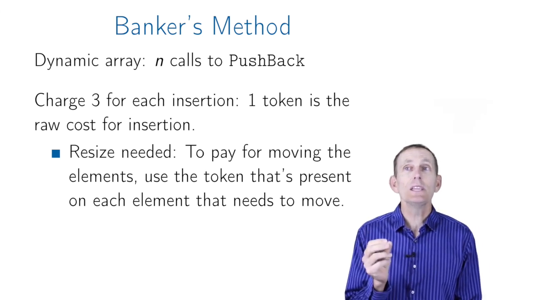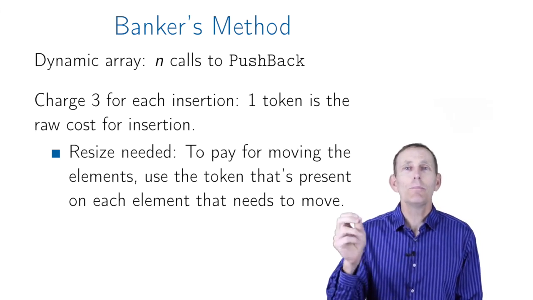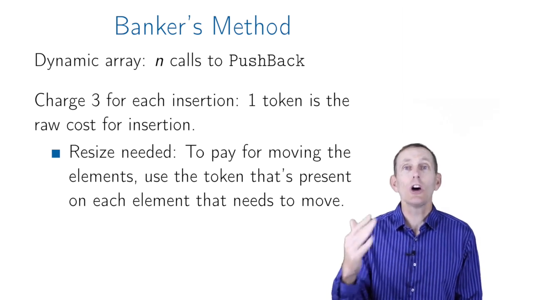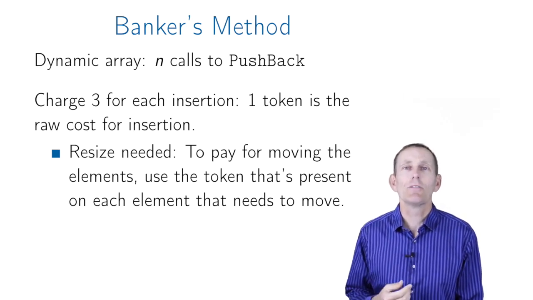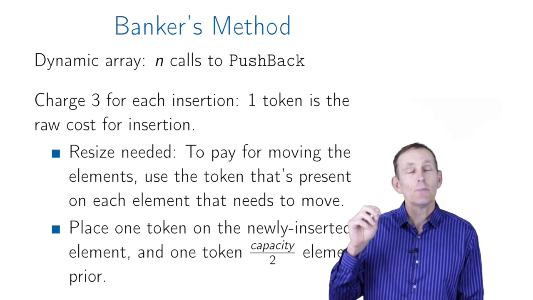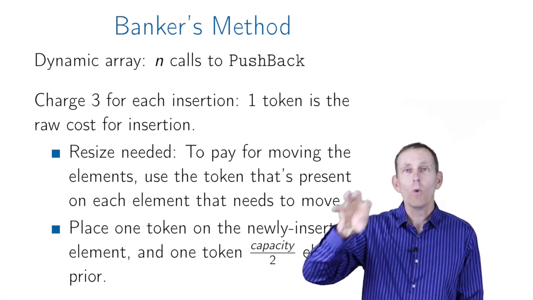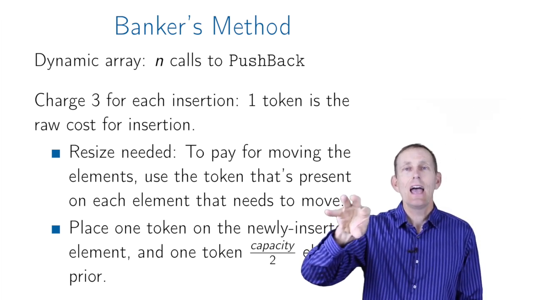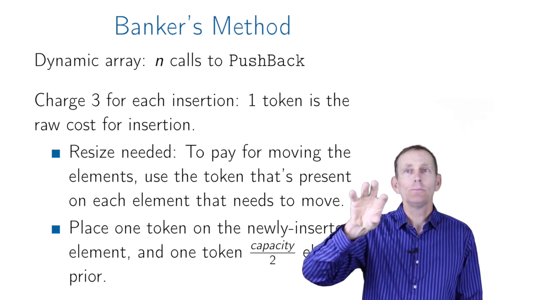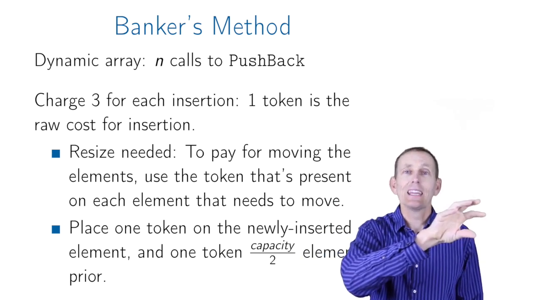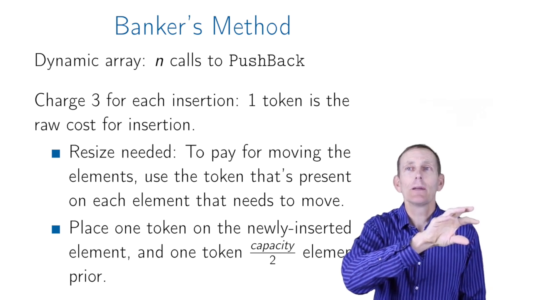If we need to do a resize, in order to pay for moving the elements, we're going to use tokens we've already saved. Once we've added our item, we place 1 token on the item we added, and then 1 token on an item prior to this in the array.